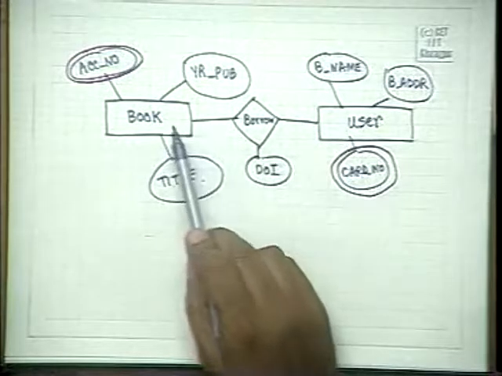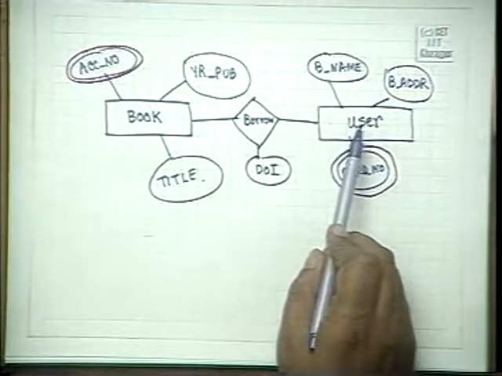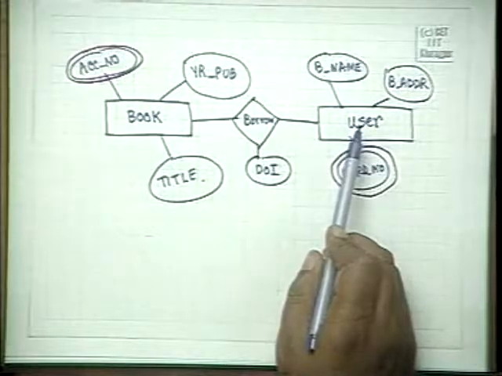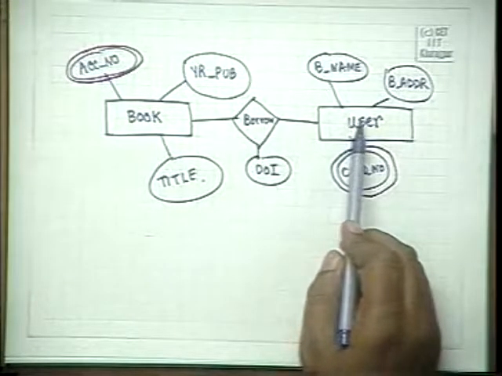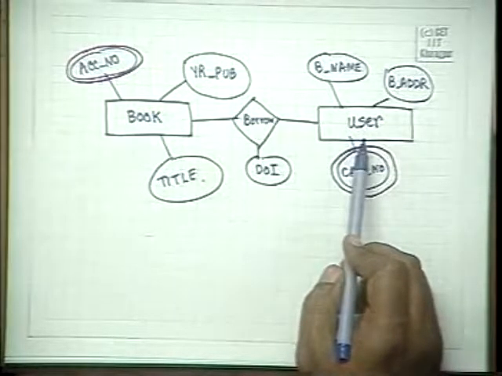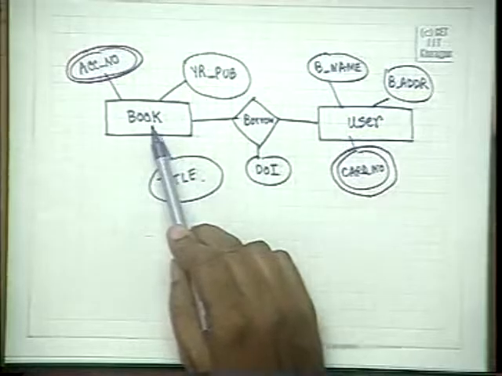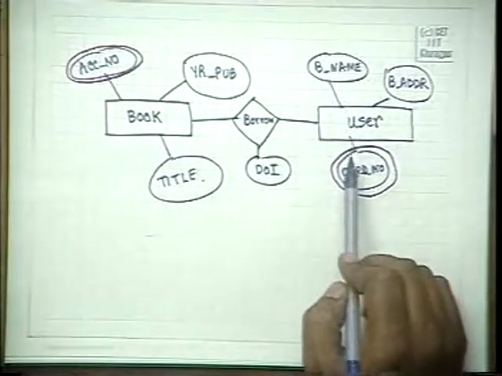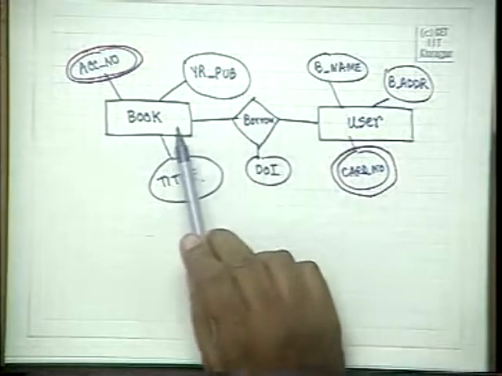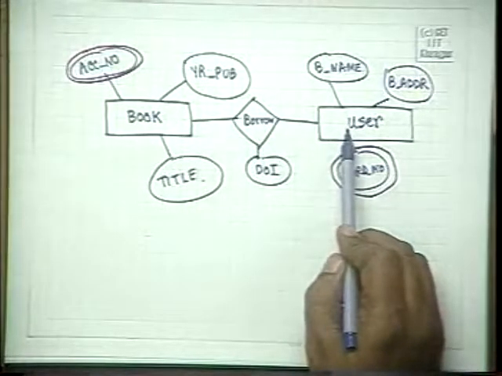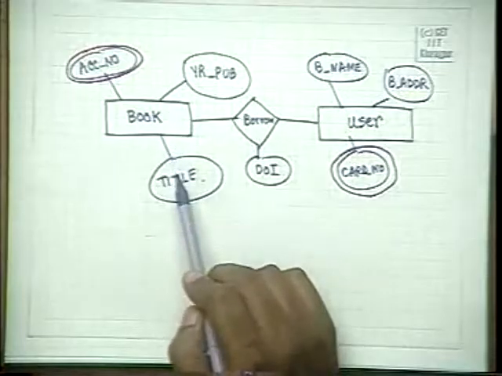And if we said this is one to many from this side, then we would have to say that a particular book can be borrowed by more than one user. At least that for every element here there can be more than one element here. If we say it is one to many from here, then for every element here there can be more than one element here.